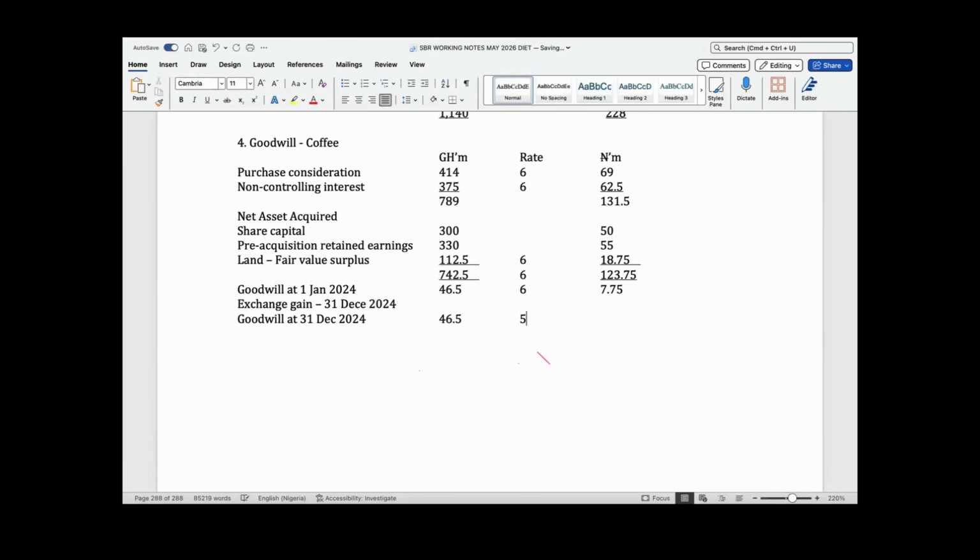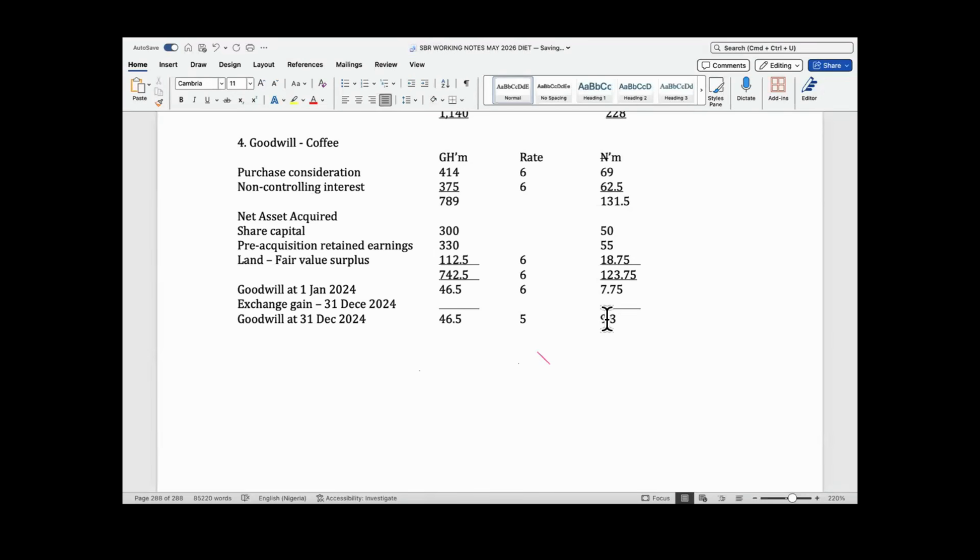But we usually translate asset at closing rates. So since we translate asset at closing rates, what would be the Naira value of the goodwill? What's 465 divided by 5 now? 9.3.